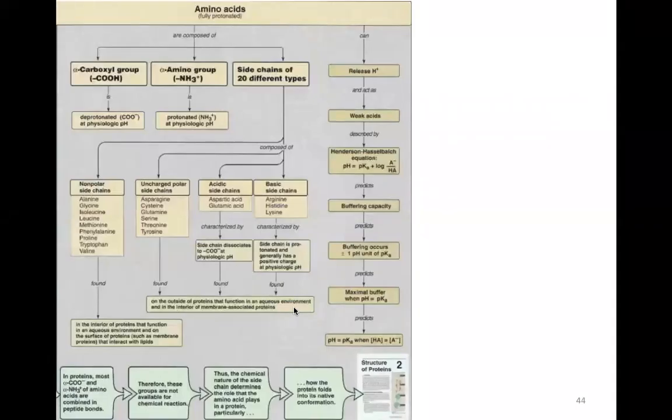So looking at this in summary this afternoon, what we have on our screen is basically the classification. And we said an amino acid is composed of the alpha carboxyl group, the alpha amino group, the side chain, and then the hydrogen. And this hydrogen is what helps it in hydrogen bonding.